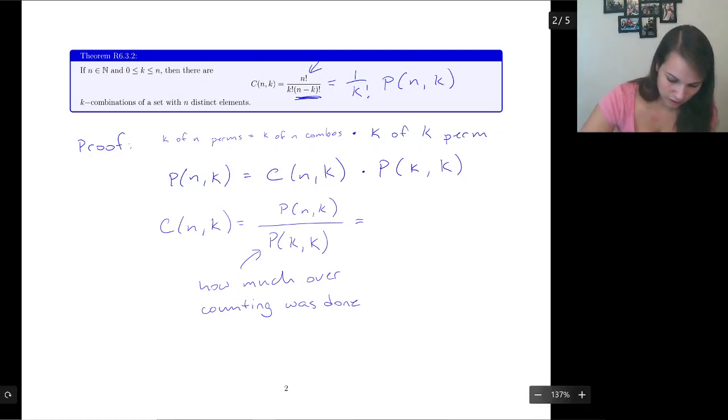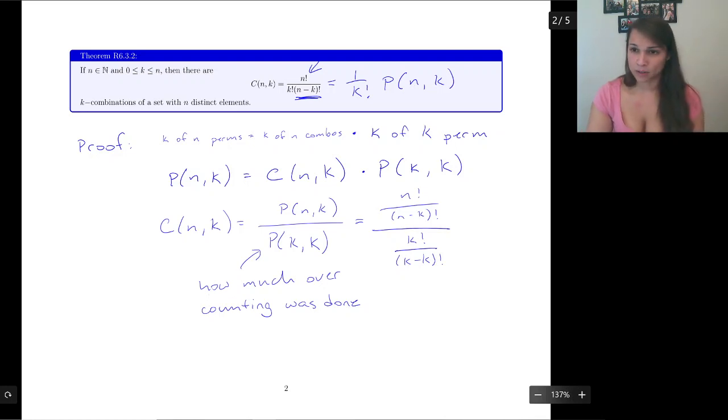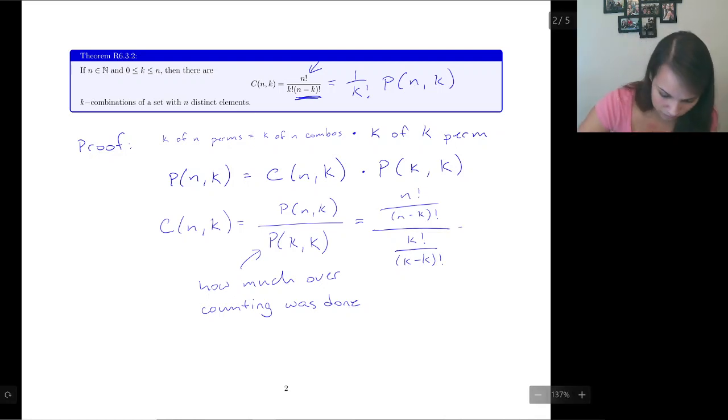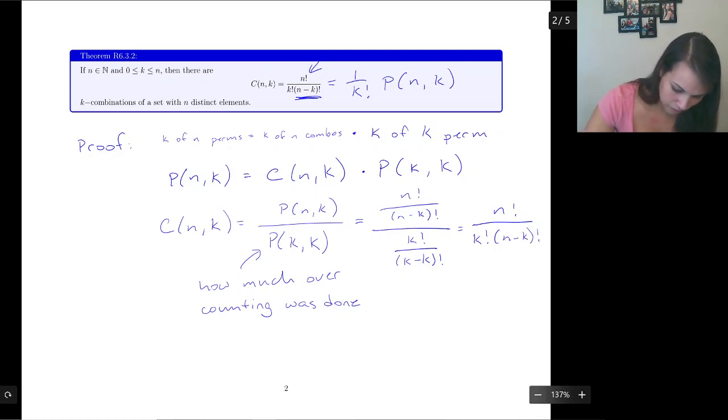So then that turns into n factorial over (n minus k) factorial, and then that's over k factorial over (k minus k) factorial, which remember 0 factorial is just 1. So this is n factorial over k factorial times (n minus k) factorial.